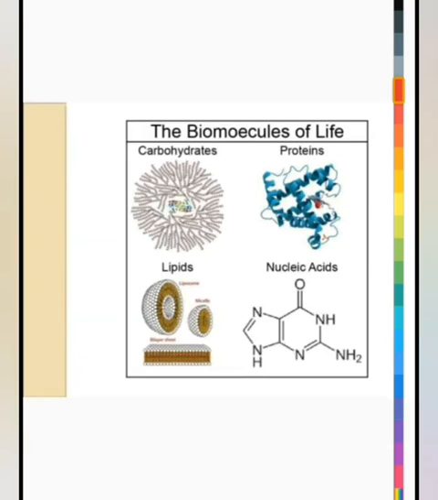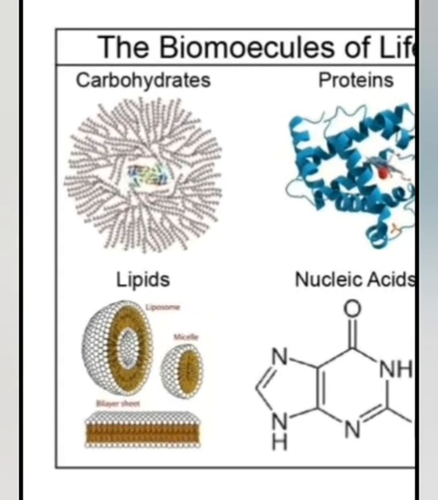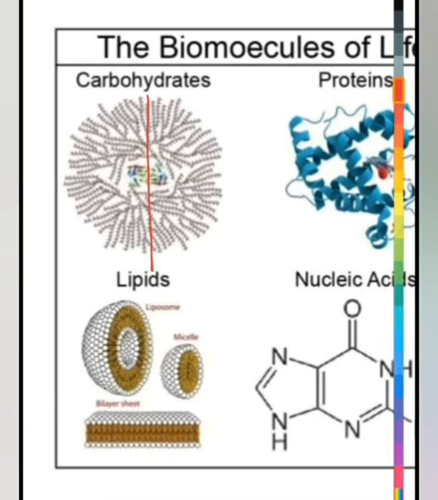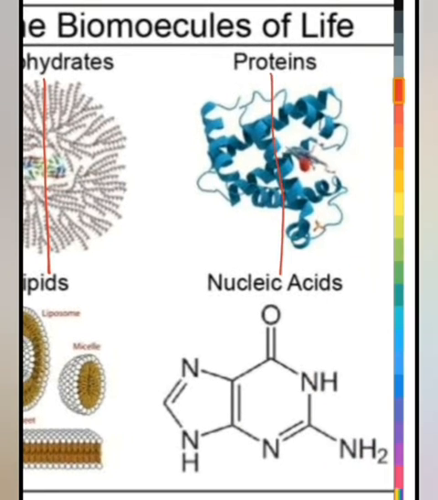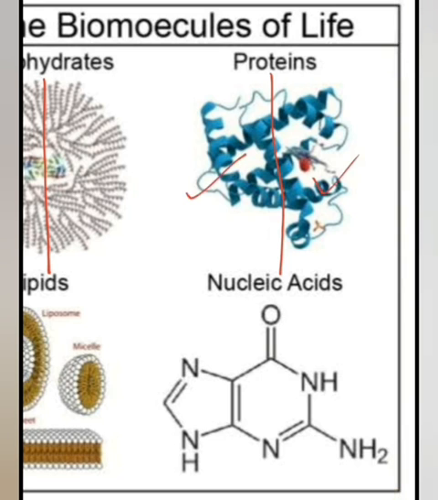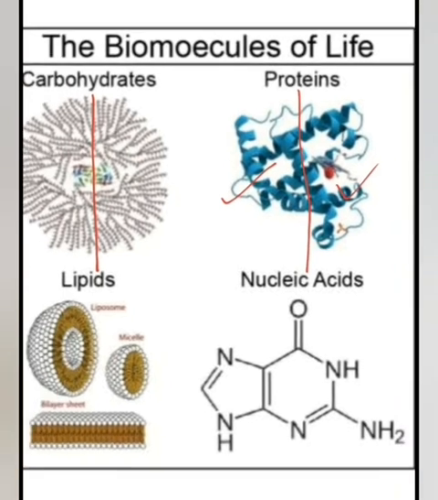Next point is that in most cases the biomolecules are structurally asymmetric. Suppose in case of carbohydrates it is more or less symmetrical but not fully. In case of proteins it is completely asymmetrical, so these two sides are not mirror images of each other.